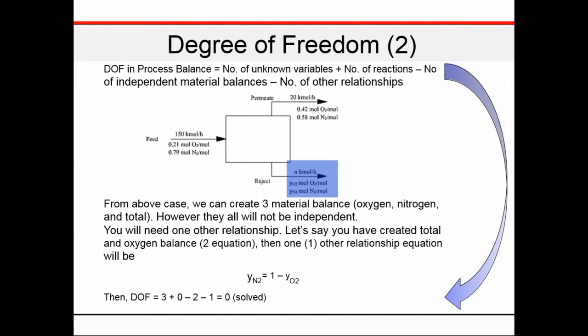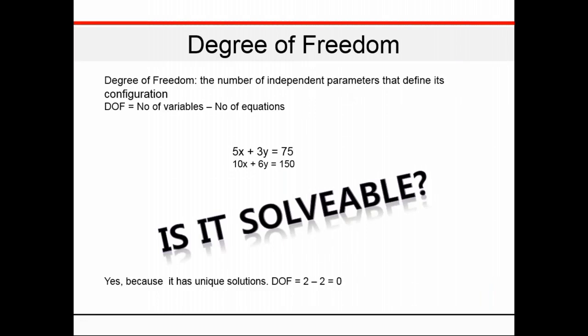Then we used this diagram to explain it. If you remember very well, we had previously used this to explain the degree of freedom in basic terms, where you have some number of variables and equations. So that explains our degree of freedom.